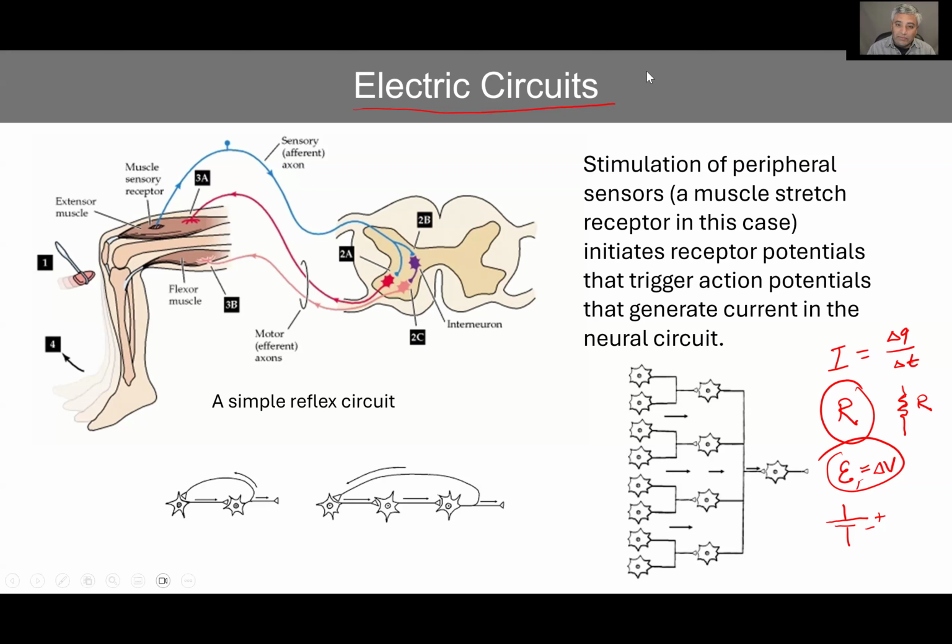And our body is full of such circuits. Cell membranes have charges, and the charges create a potential difference. That potential difference triggers a signal in our body, and it goes through different sensory nerves.